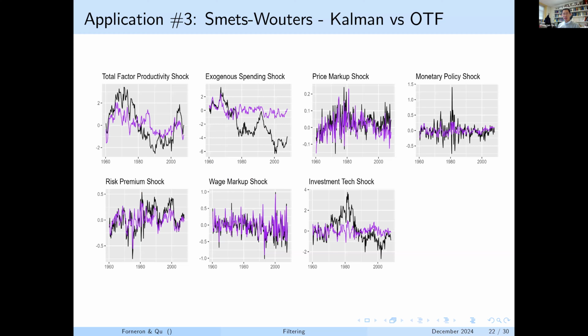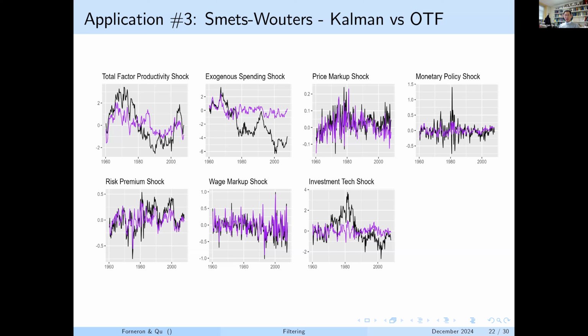Here is the figure. The model has 7 shocks. So we have 7 plots. If you look at the black curve, that corresponds to the Kalman filter. If you look at the purple line, that corresponds to the OT filter.